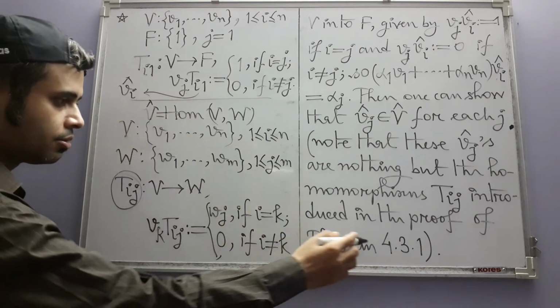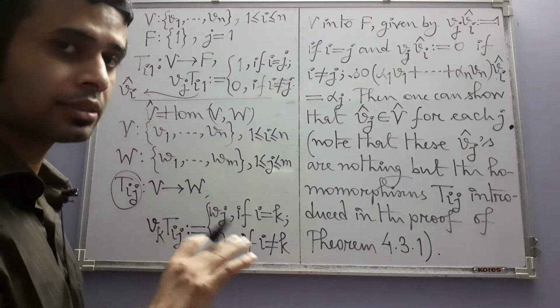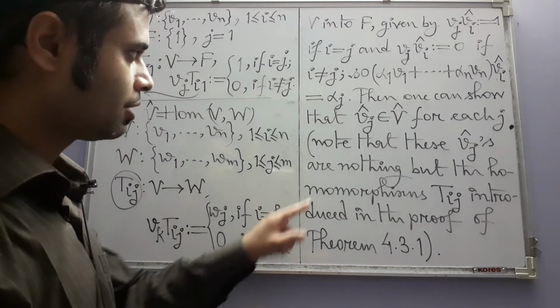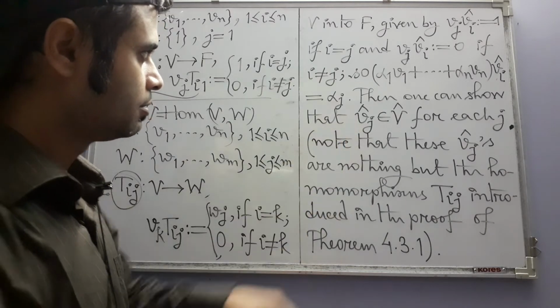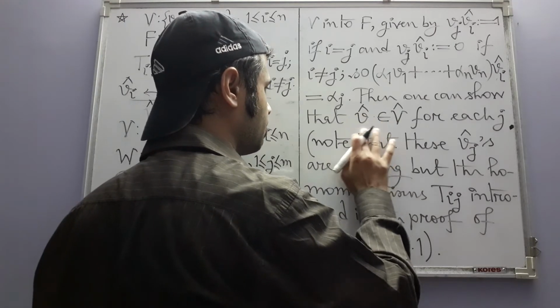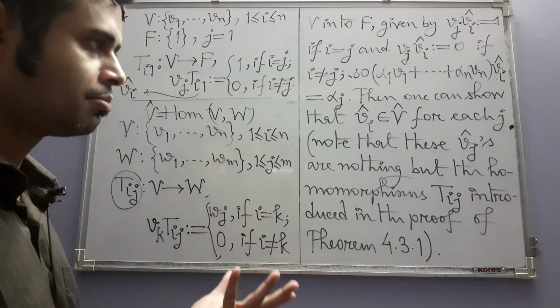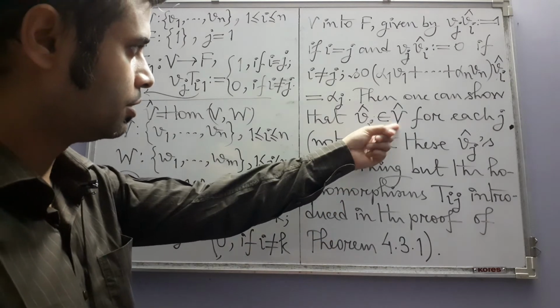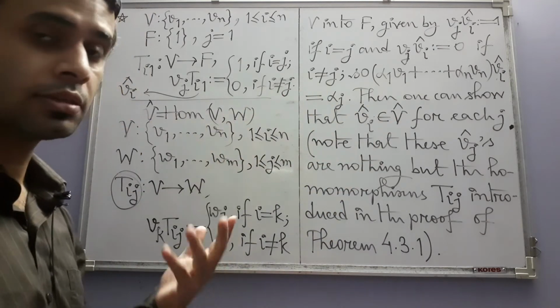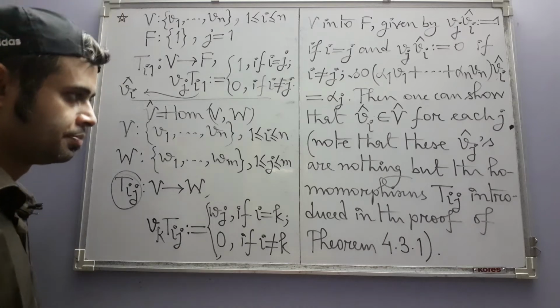But by theorem 431, or rather its proof, we also know that these vi hats in fact form a basis for the dual space.